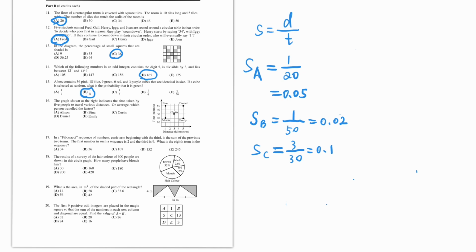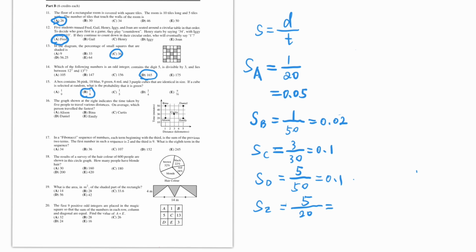And D, speed of D equals the distance, 5, time is 50. That's 0.1. The last person, Emily, distance is 5, time is 20 minutes.